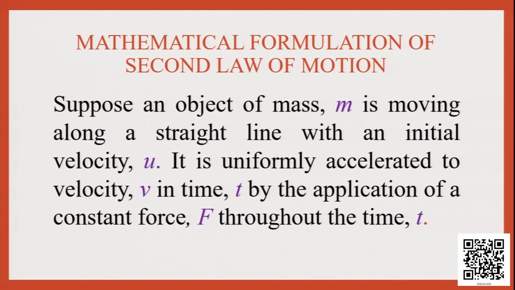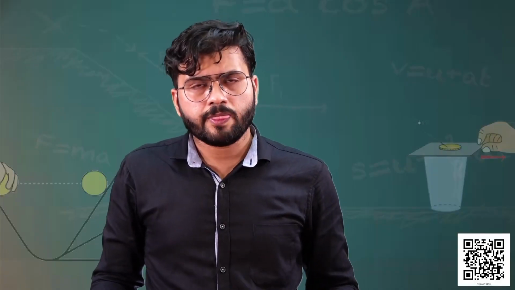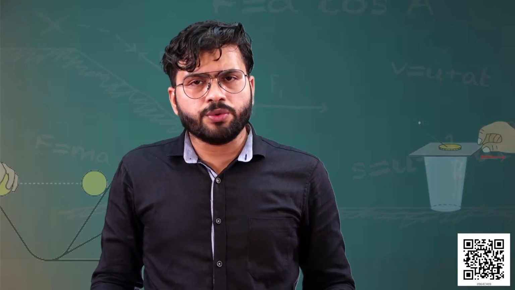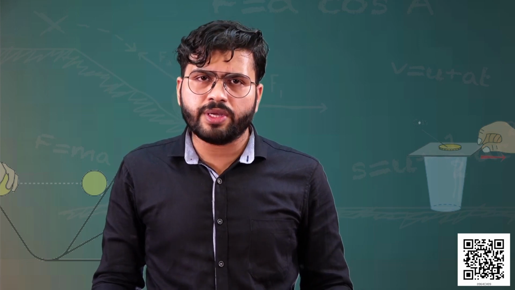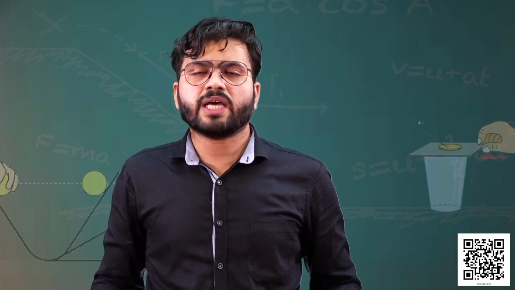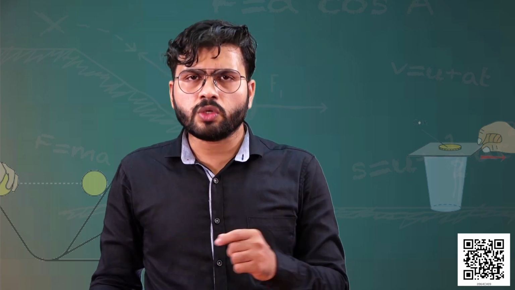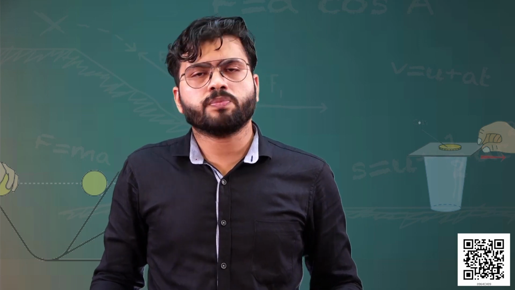It is uniformly accelerated to a velocity v in time period t by the application of a constant force F throughout the time t. So, the mass of the object is m, the initial velocity is u, and it has been accelerated to a final velocity of v by applying a force F for a duration of time t. Using all these variables, let us formulate the second law of motion.